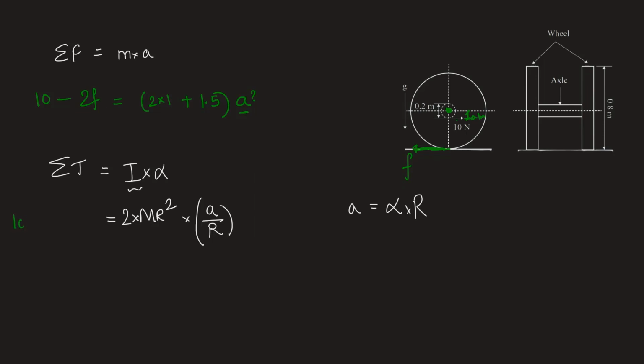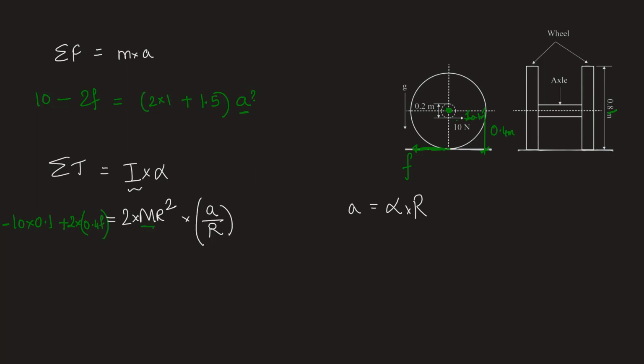But the moment is anti-clockwise. We take anti-clockwise negative. Moment due to friction will be plus. Now again we have to take for two wheels, so we'll do 2 into the distance of friction force from the center of axle, which is 0.4 meters. It is given in the other diagram because diameter of the wheel is 0.8 meter, so we take half of it. So it will be 0.4 times F.